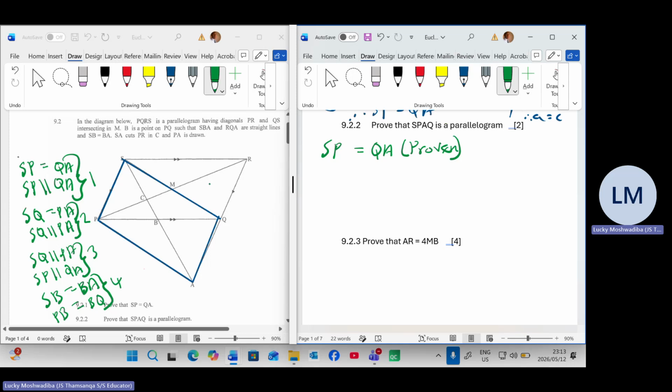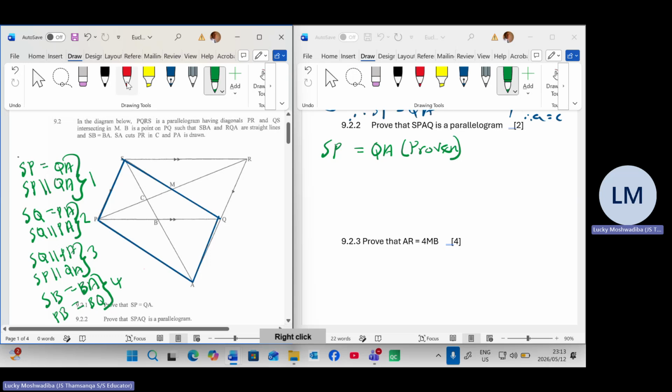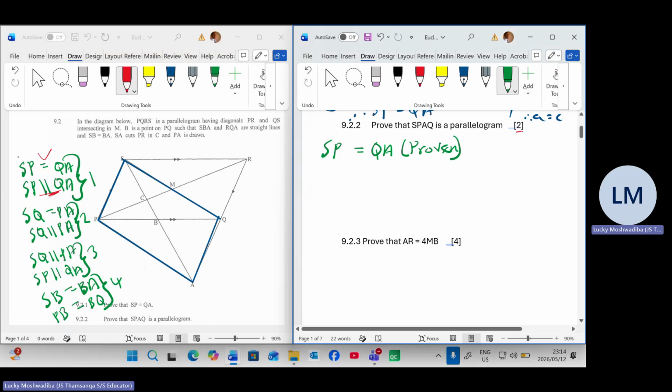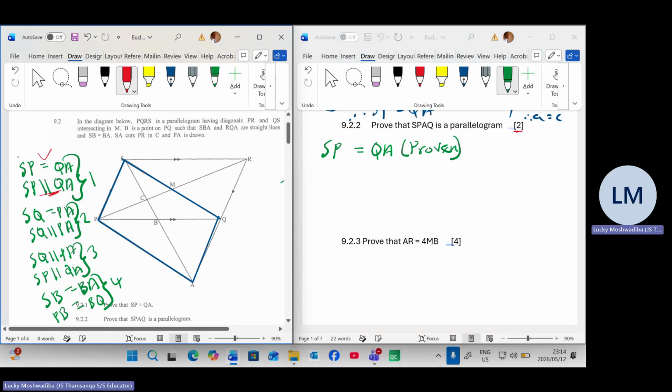So we already know this condition talks to this part. Now, can we get SP to be parallel to QA? Once we achieve that outcome, then we will have answered the question. I hope you are with me. Now, the question is allocated 2 marks. I will avoid taking the longer route. I will try to show you what needs to happen. Now, how can we show that SP is parallel to QA?